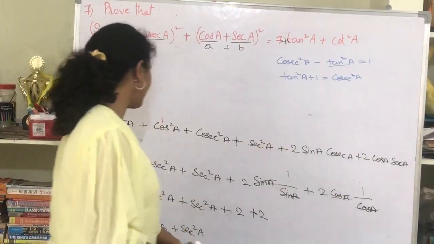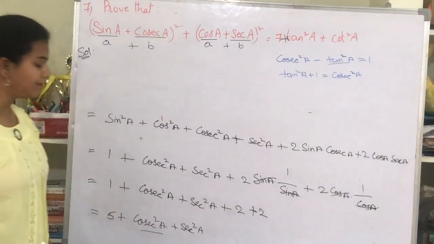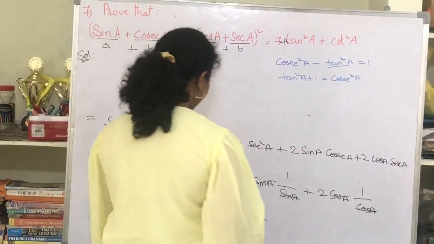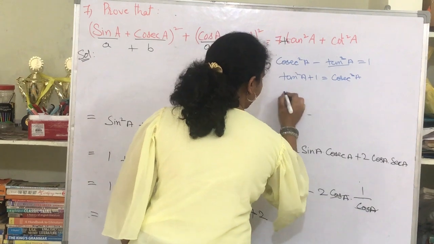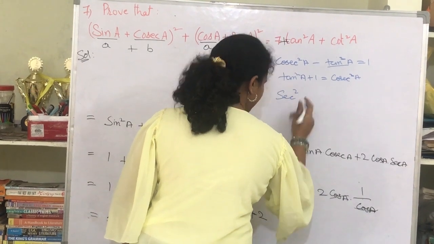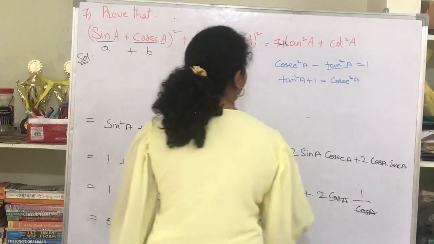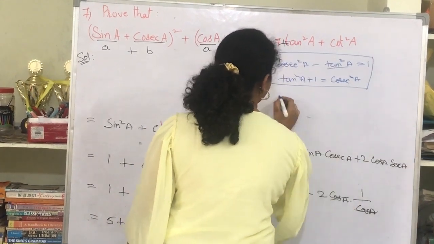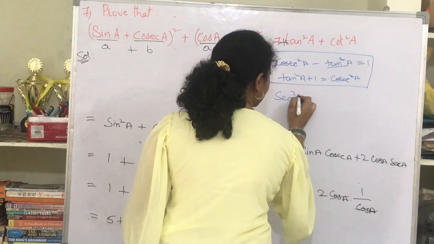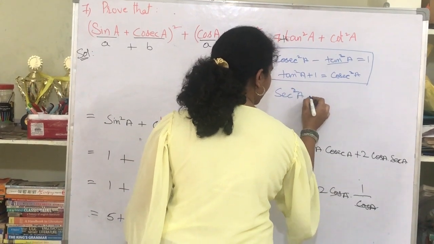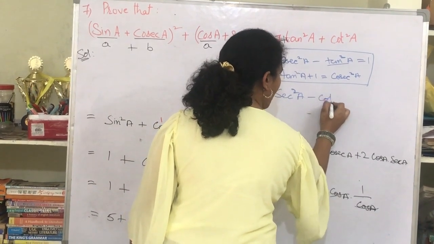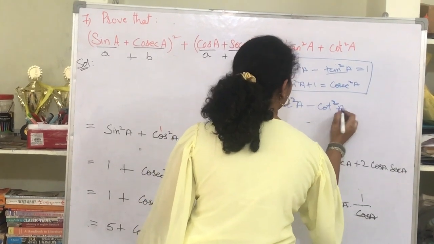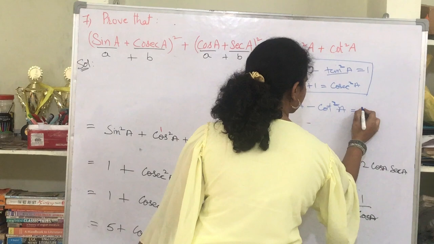Now here you have secant square A, and we also have a trigonometric identity based on secant square A. Let's consider this as the first one: secant square A minus cot square A equals 1.